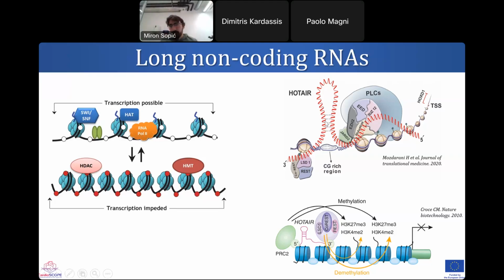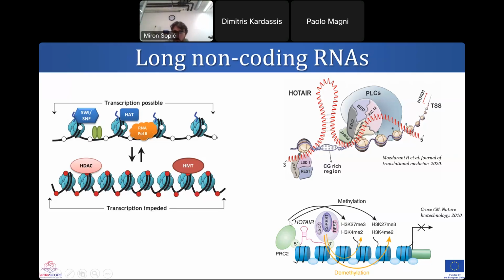And this is one of the most prominent examples of long non-coding RNAs, HOTAIR. You can see that it is very long. It has 3 domains. One domain binds LSD1. The other one is binding PRC2, and the middle one is interacting with the promoter of the gene. Basically what it does is bring the 2 components together, PRC2 and LSD1, where one is a methylase and the other is a demethylase.